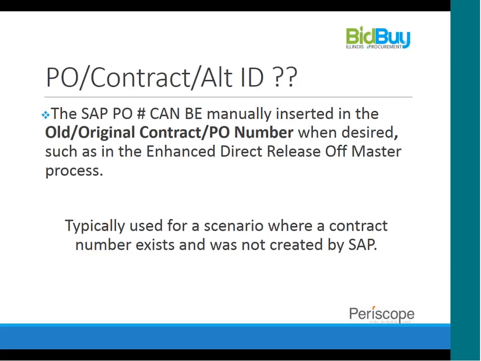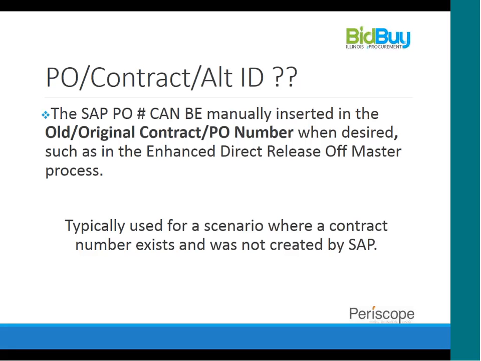Another way to transfer the SAP purchase order number over into a BidBuy purchase order is to put the SAP purchase order number in the old original contract or PO number field. That could be done in the enhanced direct release off master process where you're not synced with ERP, but you do have an SAP or ERP number that you want to record into BidBuy.